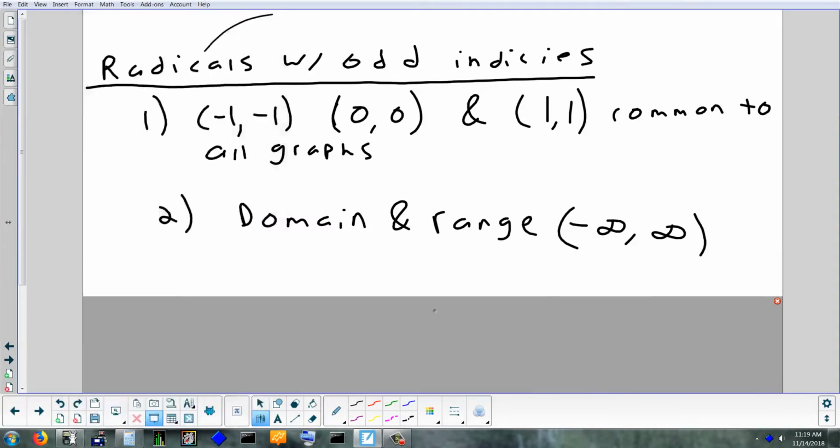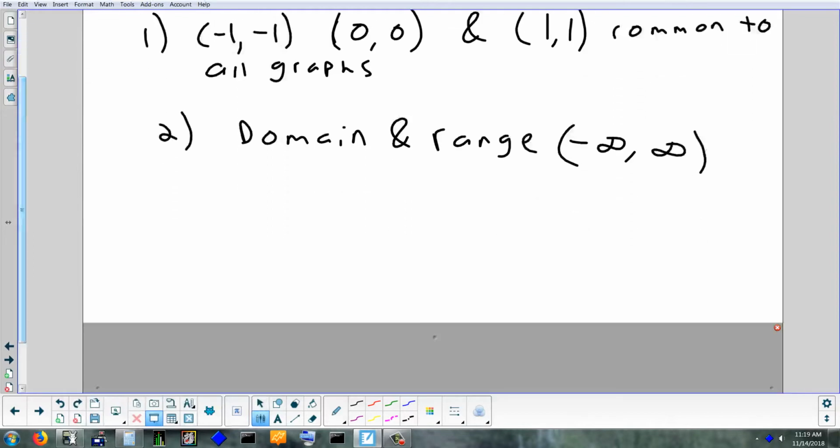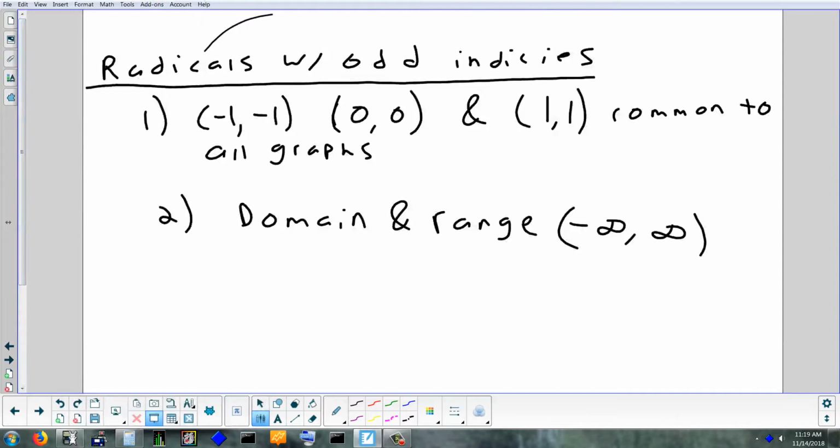So domain and range, negative infinity to infinity for both. Any questions on that? All right.